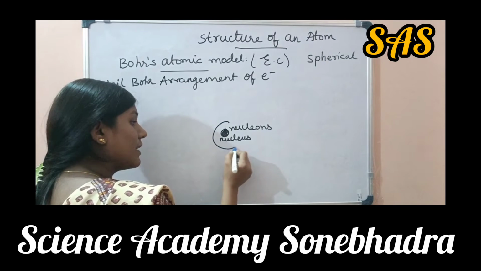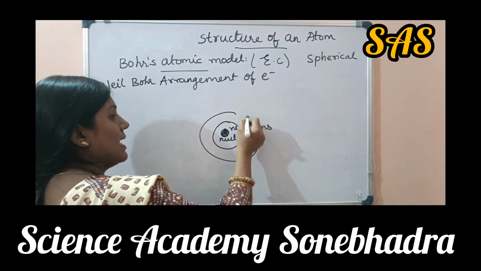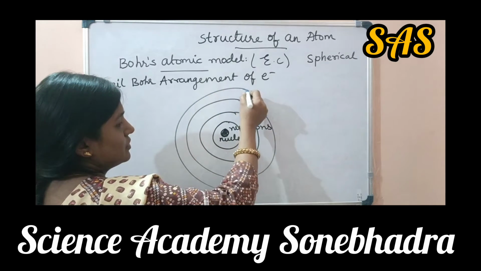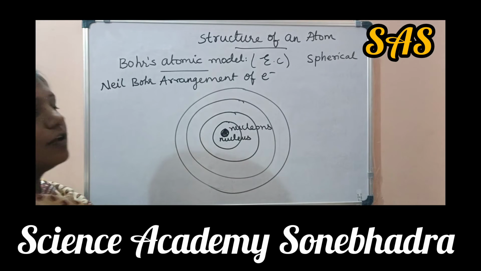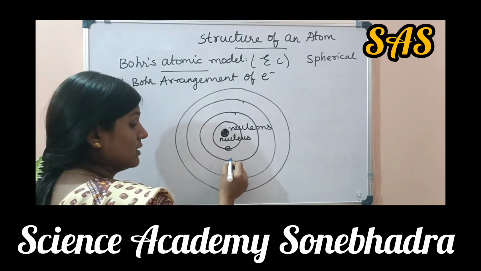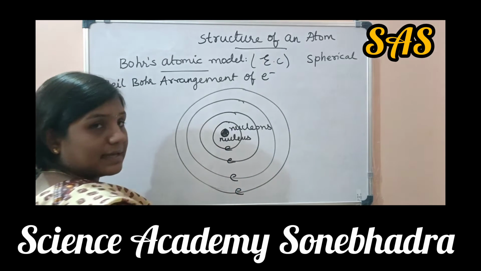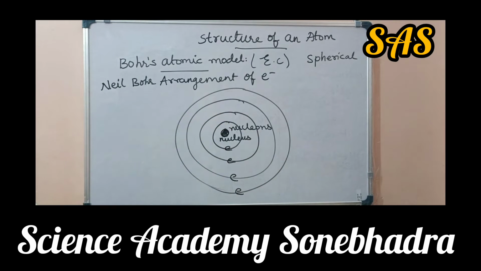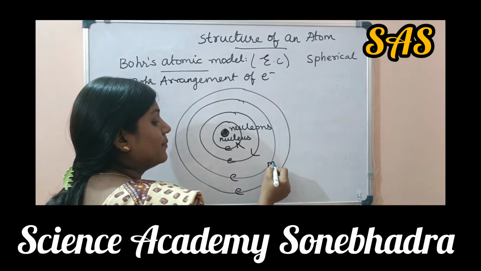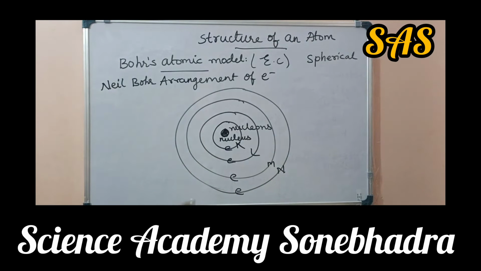Electrons revolve around the nucleus as planets revolve around the sun. These electrons revolve in definite circular orbits, and they are designated as K, L, M, N. These are the names of the orbits.